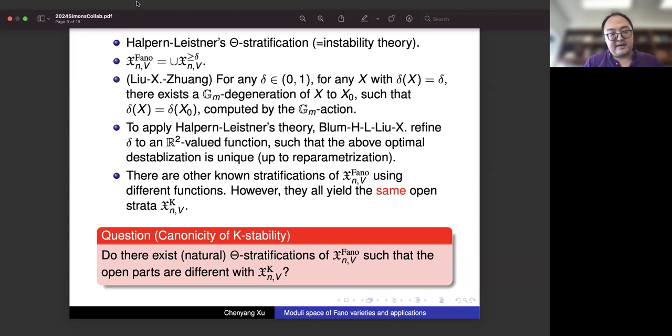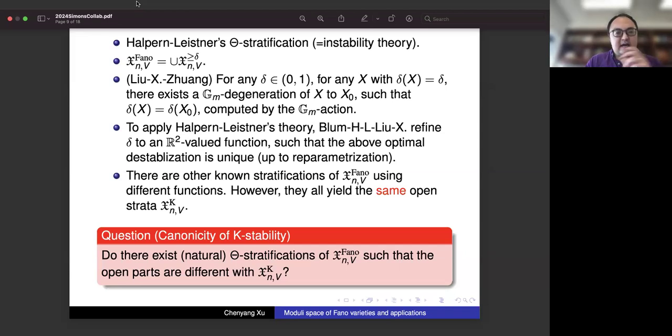And this delta of the central fiber is computed by the valuation induced by the G_m action. This existence part was quite challenging, and it is something we call the optimal destabilization, proved by Yuchen Liu, Chenyang Xu and myself.